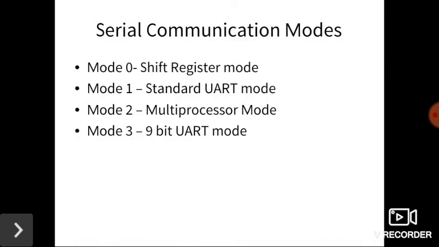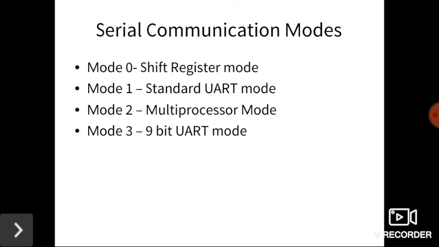Next one is serial communication modes: mode 0, 1, 2, 3. Mode 0 is the shift register mode, 1 is standard UART mode, 2 is multiprocessor mode, 3 is 9-bit UART mode. Each has different baud rates. Mode 0 is known as the shift register mode.